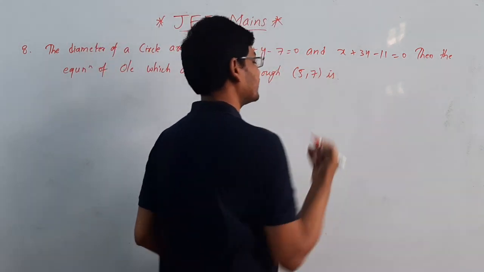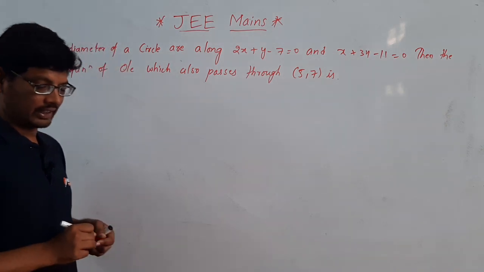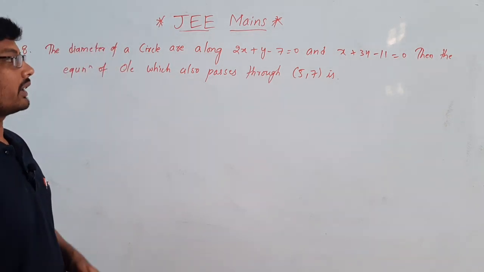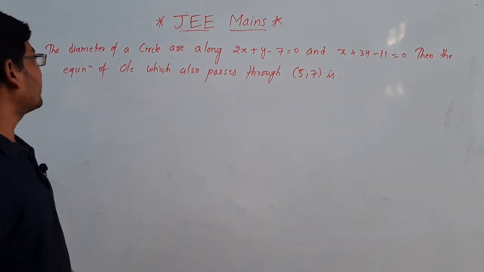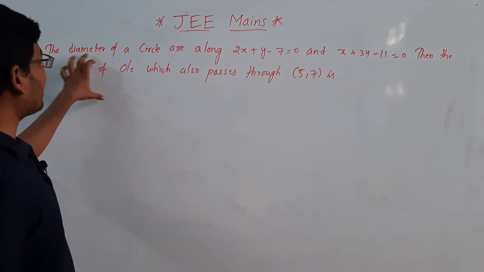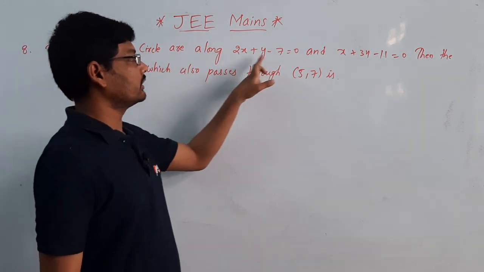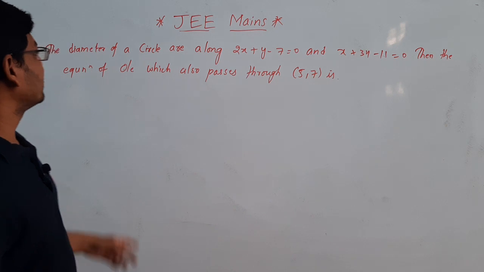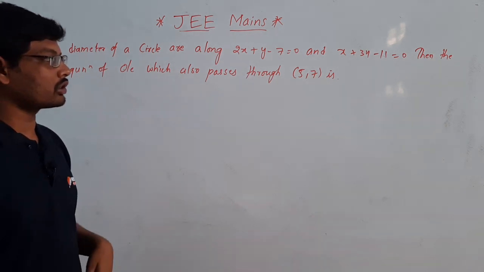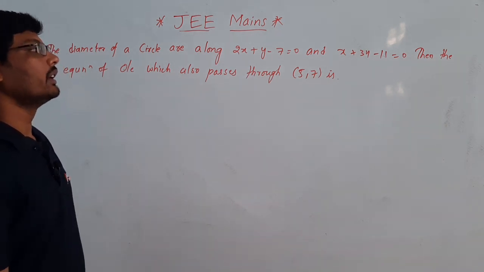First understand the question, whatever question is given, and only then try to solve it. The diameters of a circle are along these two lines, then find the equation of the circle which also passes through the given point.